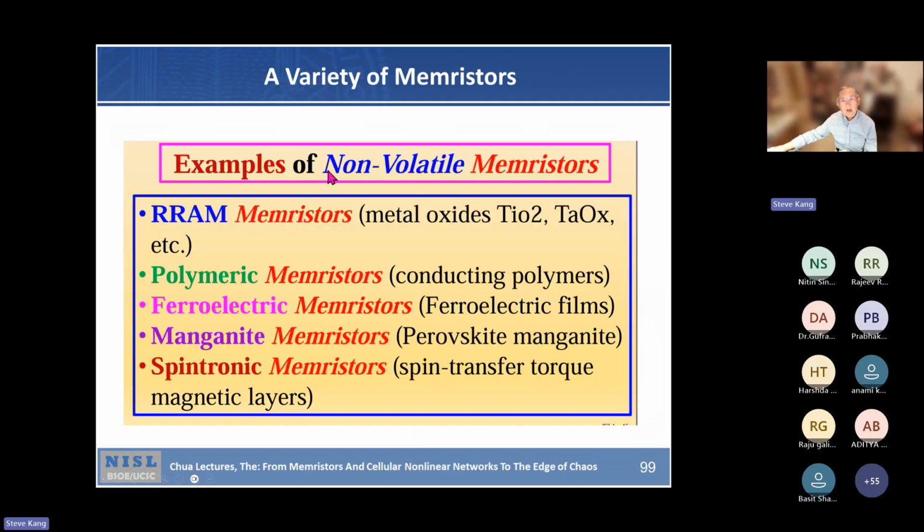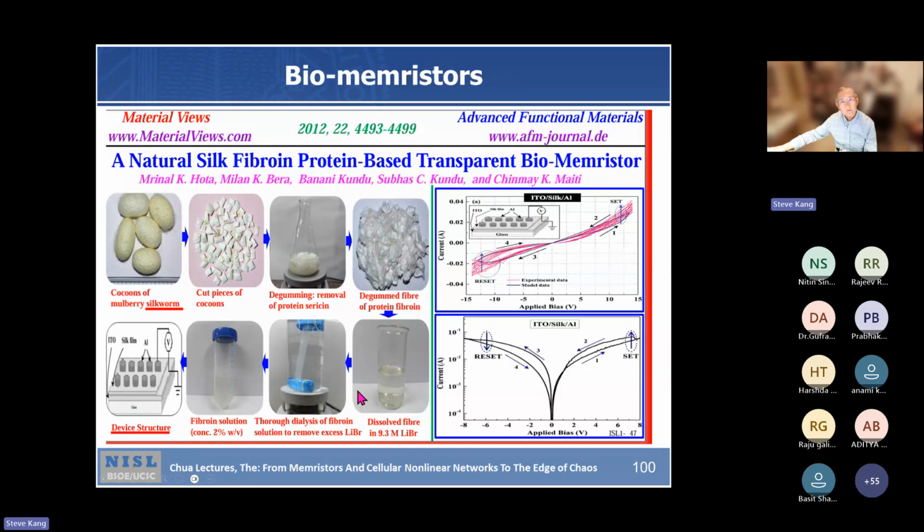Examples of non-volatile memristors: RRAM memristors, metal oxide, titanium dioxide, tantalum oxide; polymeric memristors, conducting polymers; ferroelectric memristors, ferroelectric films; manganite memristors, perovskite manganite; spintronic memristors, spin transfer torque, STT, magnetic layers. This is a biomemristor, for instance.